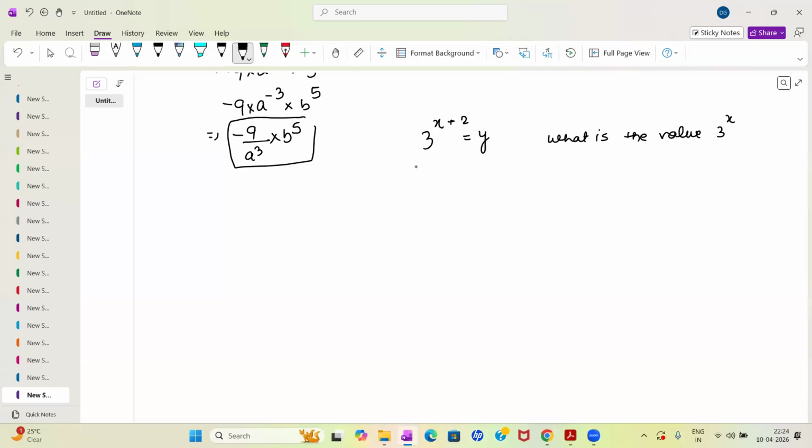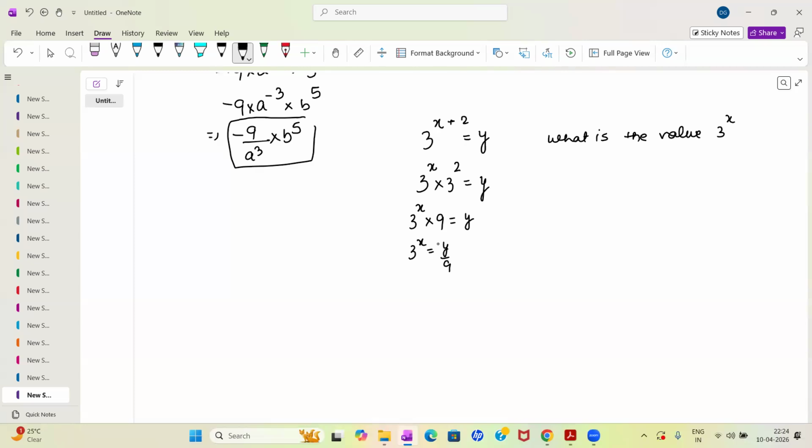We know that if a base is same, power will be multiplied. We can do the opposite also. If the power is added, then we can solve it like 3 to the power x into 3 to the power 2 is equal to y. So it is 3 to the power x into 9 is equal to y. So 3 to the power x is equal to y by 9.